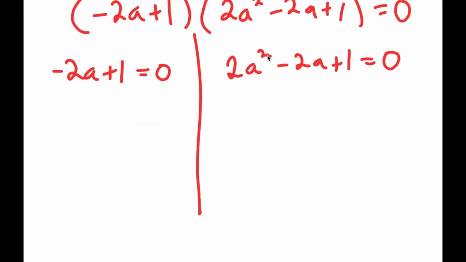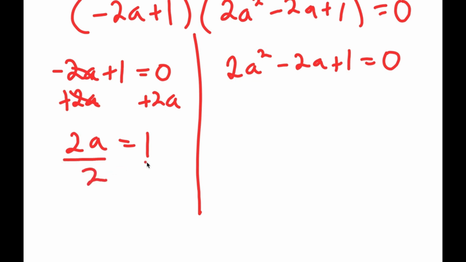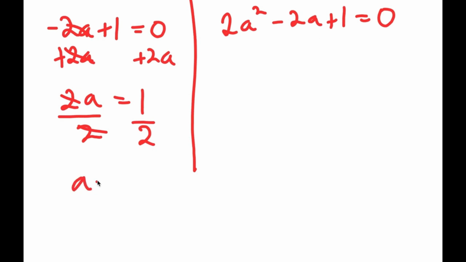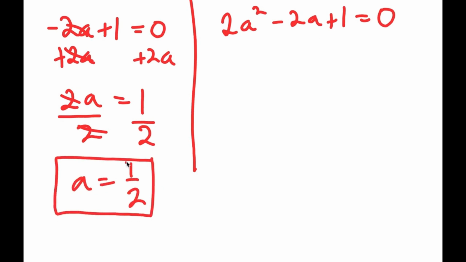So now I'm going to solve each of these equations individually. For negative 2a plus 1 equals 0, all I have to do is add 2a on both sides, and I get 2a is equal to 1. Now, if I divide both sides by 2, these two cancel out, and I get a is equal to 1/2. So this is one solution for a.